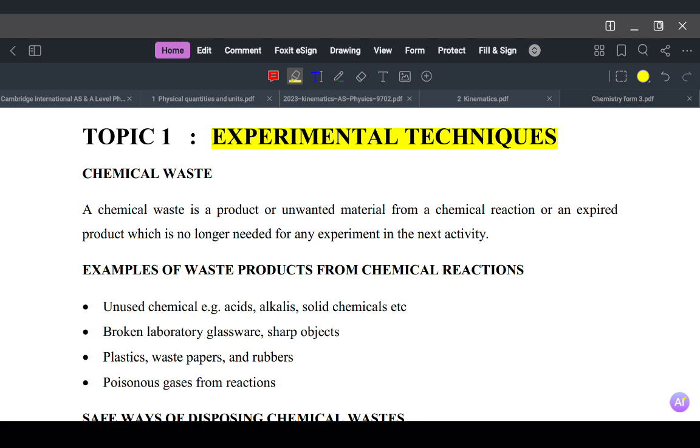So we are going to look at a number of issues under this topic, experimental techniques. Your syllabus requires that we introduce the concept of chemical waste. What a chemical waste is, you'll be asked to give a definition of a chemical waste.